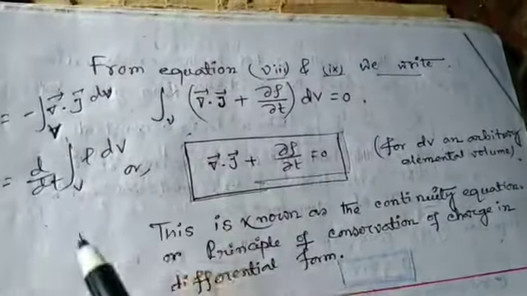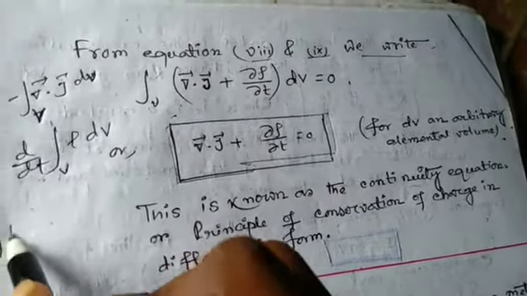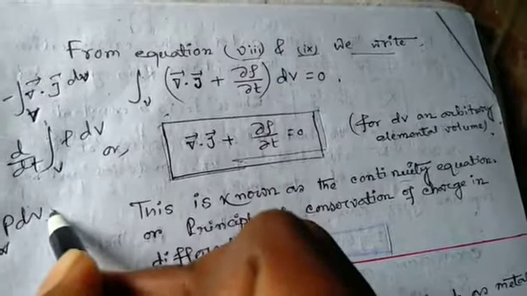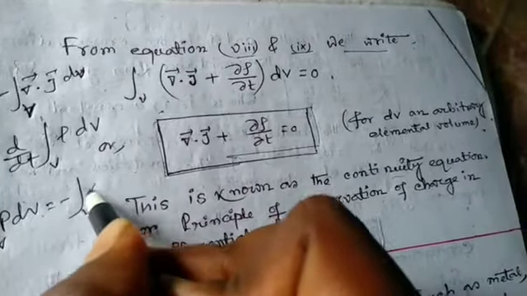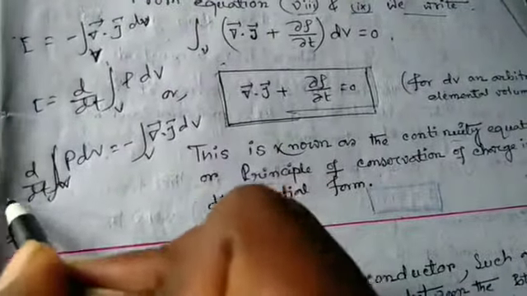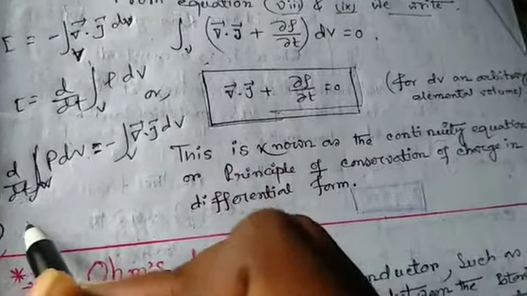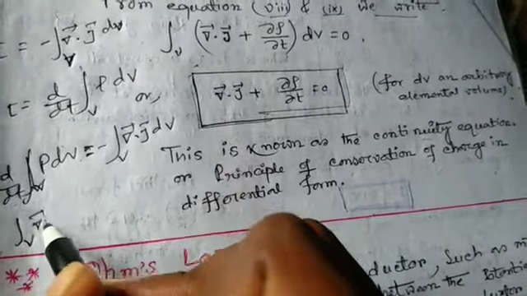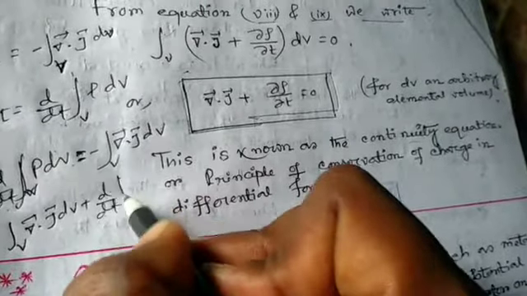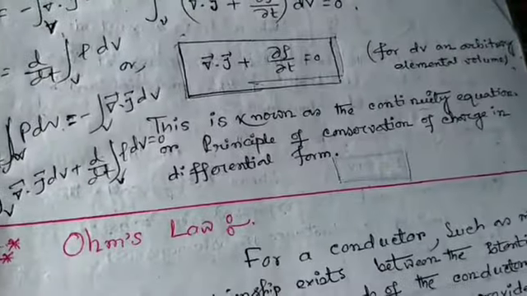Putting the value of I here and equating both, d by dt of volume integral of rho dV equals minus volume integral of divergence J dV. So rearranging, volume integral of divergence J dV plus d by dt of volume integral of rho dV equals 0.